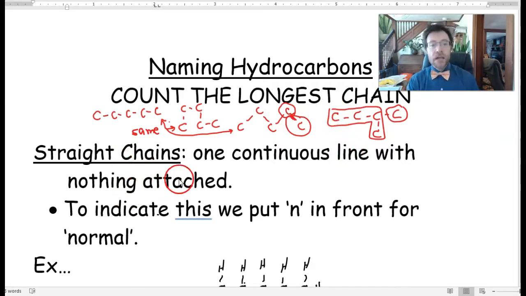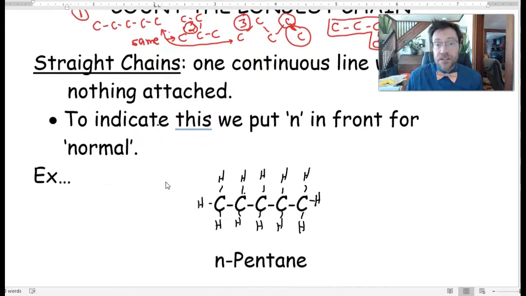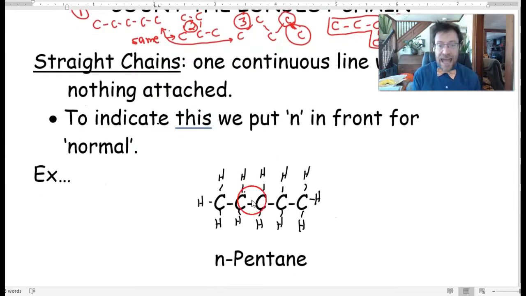Straight chains. These are one continuous line with nothing attached. That's like our example 1, our example 2, our example 3. These are just straight. There's nothing coming off of them. You can draw these all straight in a row, right? And so to indicate that, we just put an N in front of the name for normal. N-pentane, meaning normal.